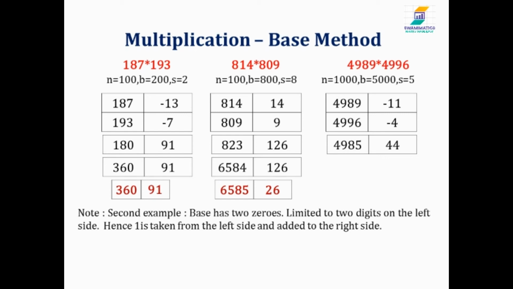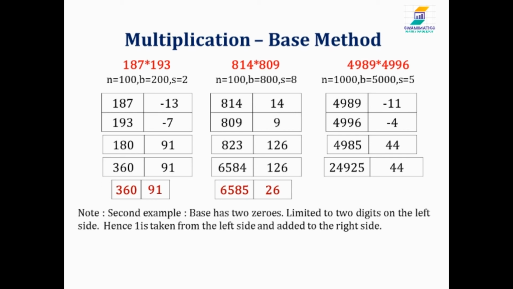Now when you look at the number on the right side of 4985, it has only 2 digits, whereas our normal base has 3 zeros. That means I need to affix a 0 before 44. And also 4985 needs to be multiplied by the sub base since it is more than 1.